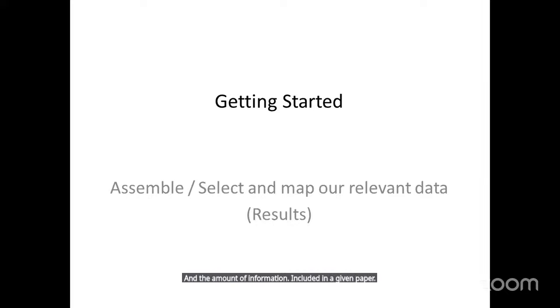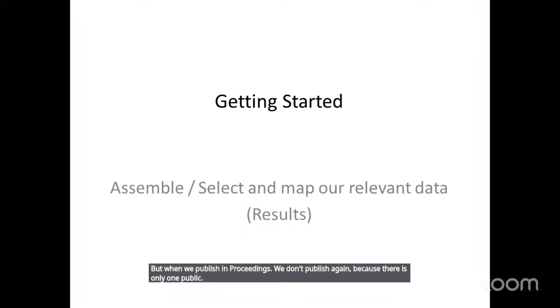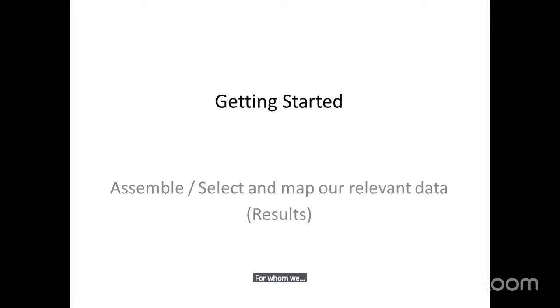But when we publish in proceedings, we don't publish again because there is only one public for whom we are beaming out this information. However, you can adjust the table so that it has maybe transformed data, which you can now step up into the journal article.